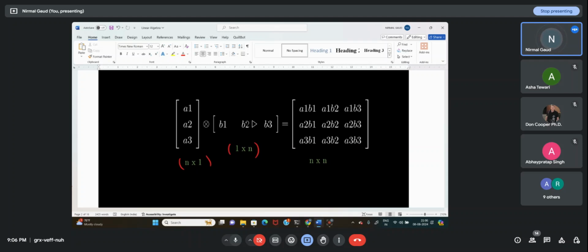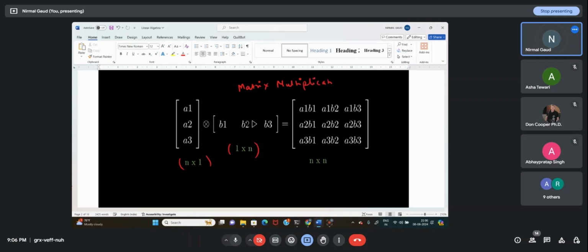This is your first row. Then a2 into b1, a2 into b2, then a2 into b3. This is how the matrix multiplication is performed.